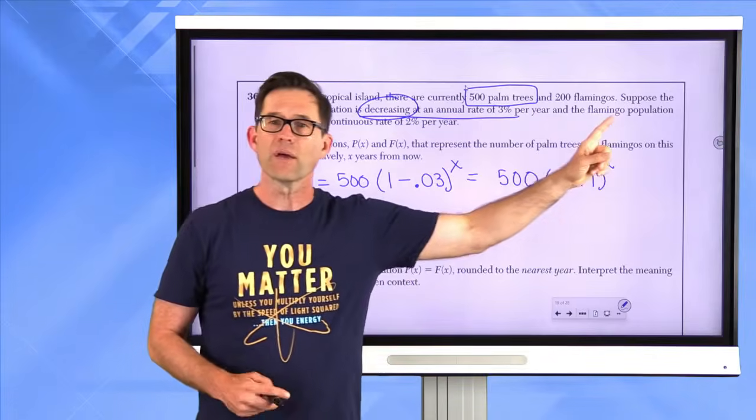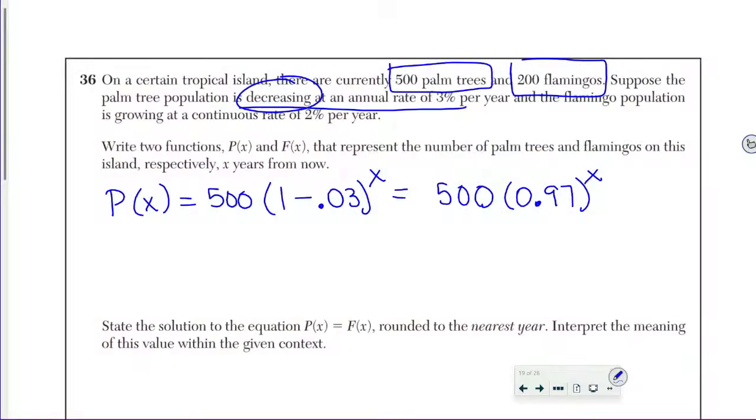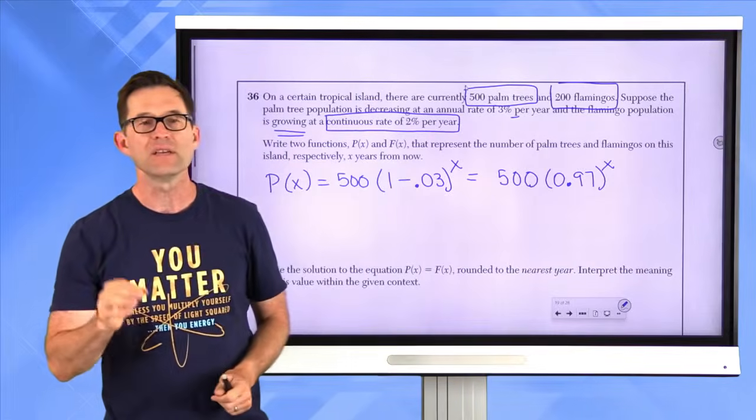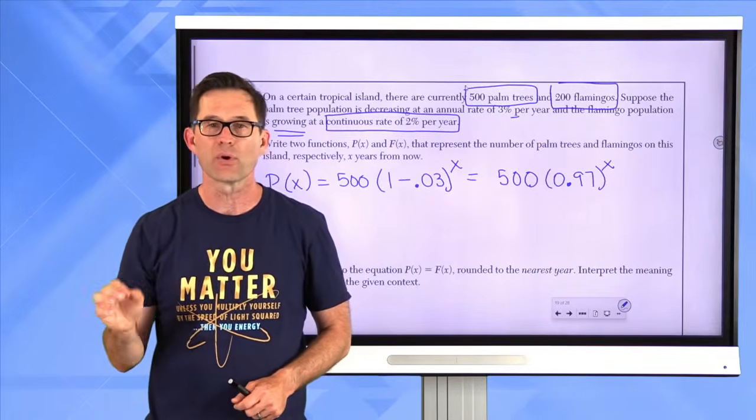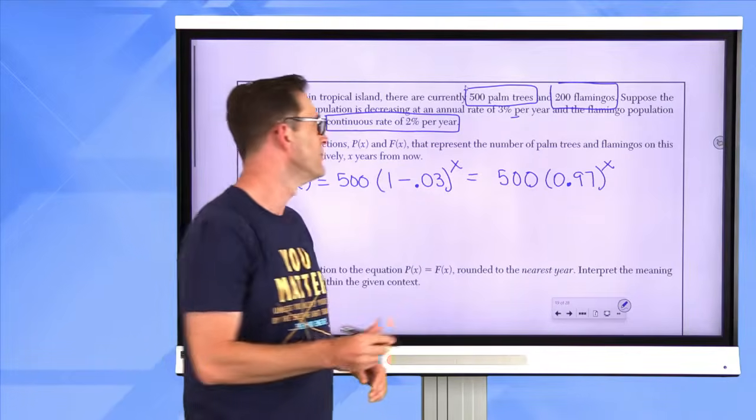Now let's talk about our flamingos. With our flamingos, we're starting at 200 flamingos. The more I say that word, the stranger it sounds. And the population is increasing, and this is incredibly important, growing at a continuous rate of 2% per year. Well, that word, continuous rate, kicks in what's known as the PERT formula, all right?